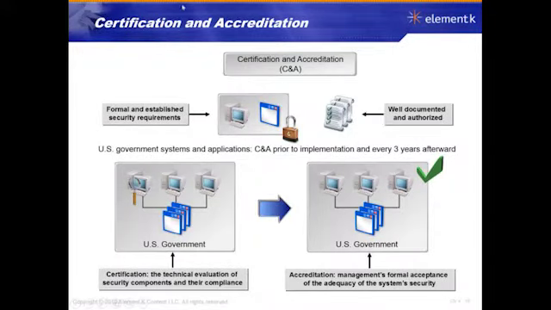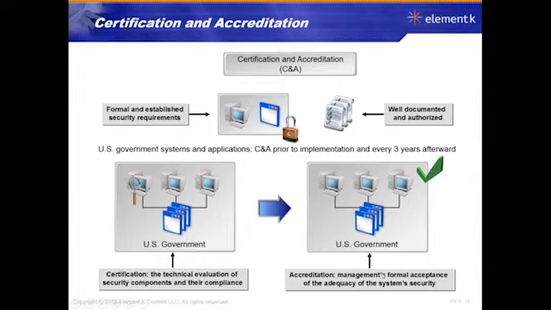So here's an example of certification and accreditation here. So we've got these formally established security requirements, well documented and authorized. And in the U.S. government case with certification, we have done a technical evaluation of our components of this system and its compliance with whatever the requirements are.